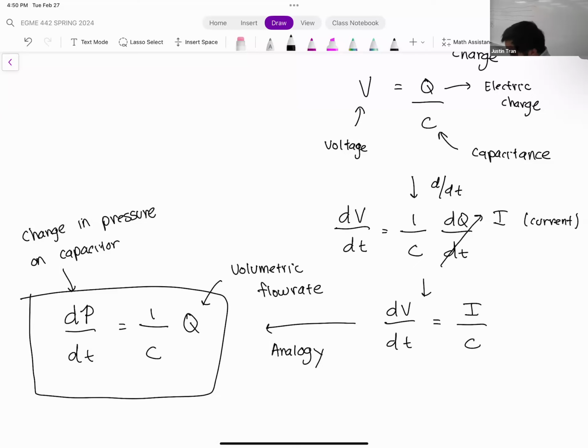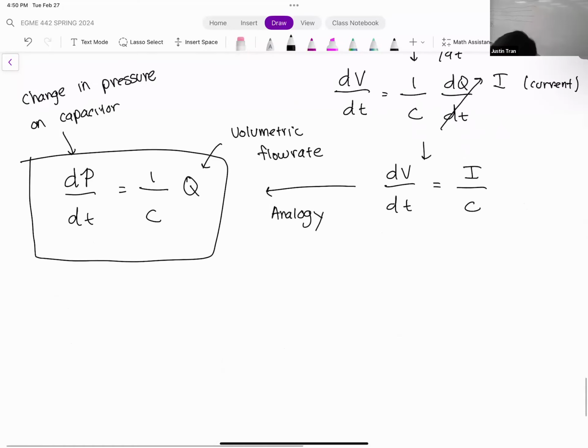A little bit of trivia on the capacitance. What the formula is telling you is that the time derivative of the pressure depends on the capacitance. A high value of capacitance basically means that your blood vessel walls are very flexible.